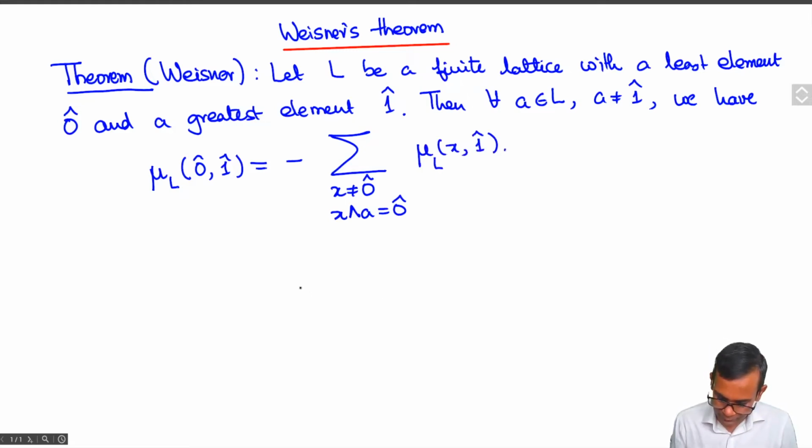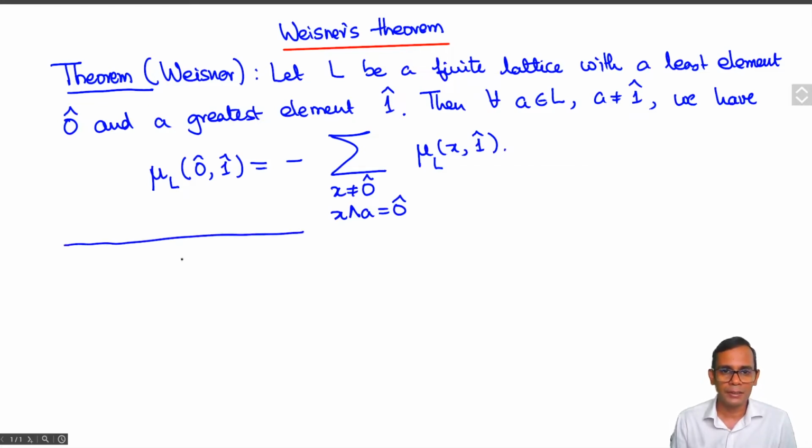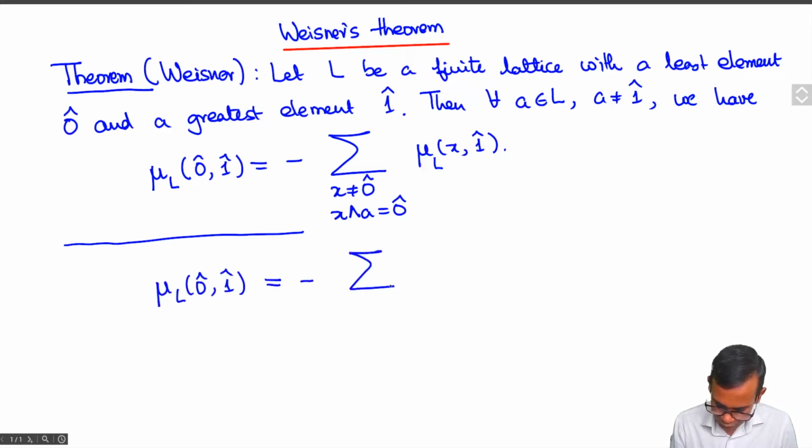So just to understand what this theorem is saying, let's recall how we compute Mobius functions anyway. Normally we would say that the Mobius function of L is, from the definition of Mobius function, we would have to sum over all x not equal to 0 of mu L x 1 hat.